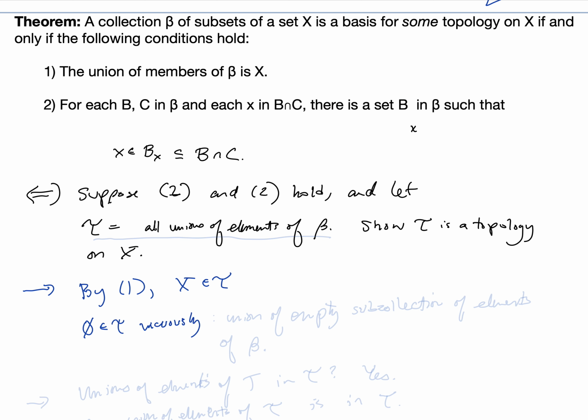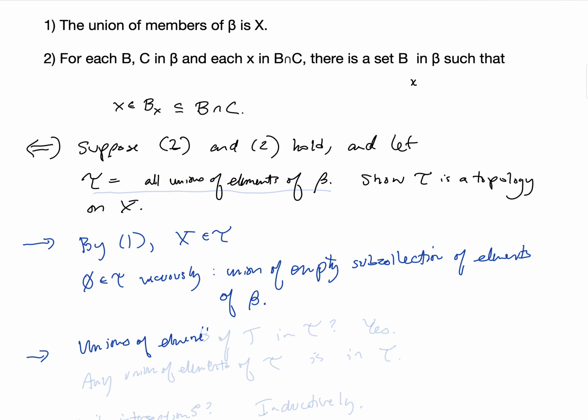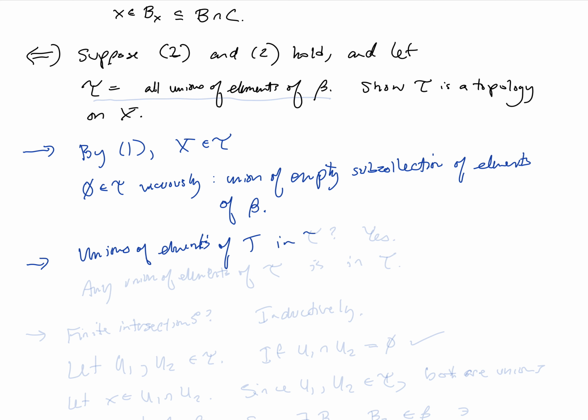We can think of the empty set as the union of the empty subcollection of elements of beta. Okay, so we know that X and the empty set are in tau. That's the first condition to be in a topology. Now, are unions of elements of tau in tau? Yes, this is immediate from our definition of tau, that tau is the collection of all unions of elements of beta.